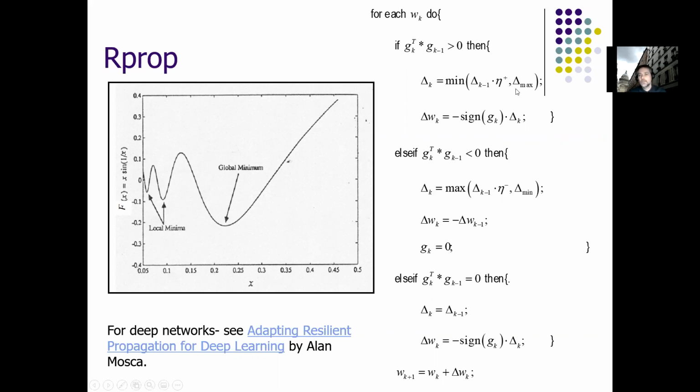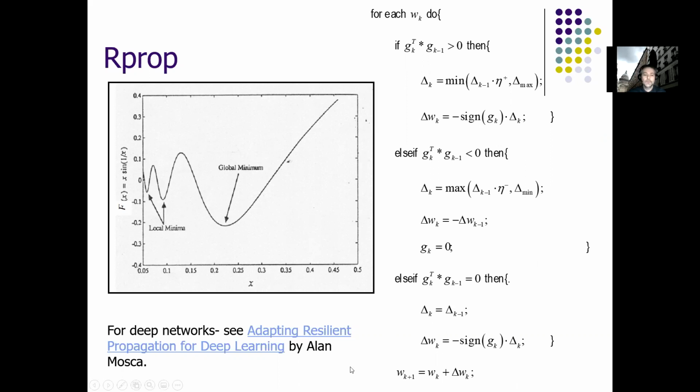This formula is going to increase the value of the learning rate, but we don't want it to become extremely large, so you have to set a value for the largest allowed increase. This value can be large, 10, 100, something like that. And then you calculate the correction using this equation. If the product is negative, then there is the other formula, and you basically decrease the learning rate, and you calculate the correction. And this is what happens if the product is 0.